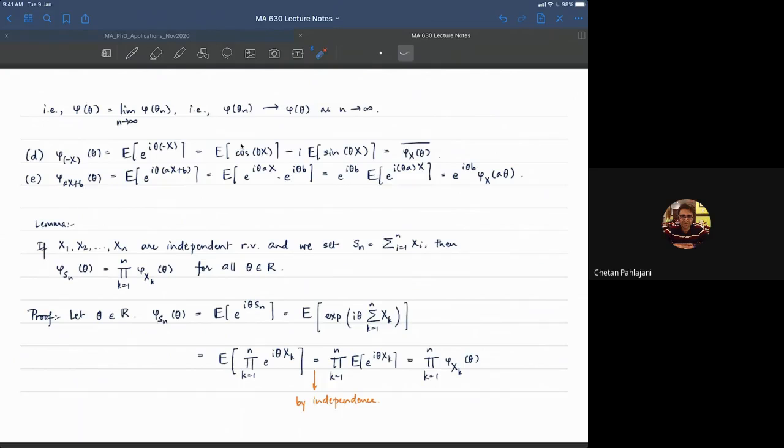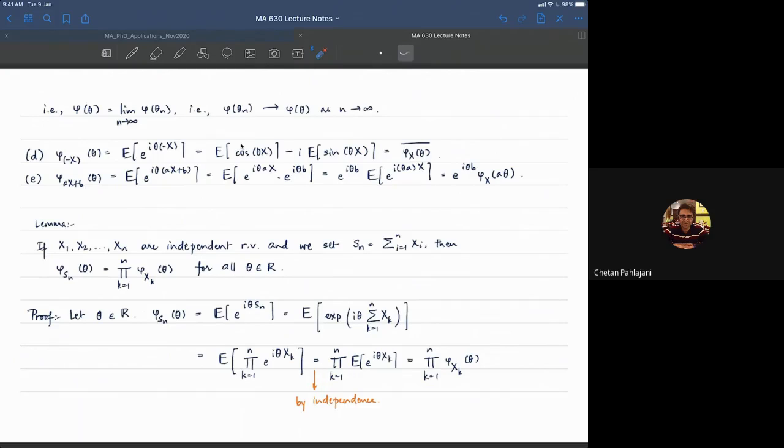You look at a situation where you have x1, x2, dot, dot, dot, which are all independent and identically distributed. Later on, once you become a master of this basic central limit theorem, you may try to extend it to more general cases where the random variables may fail to be independent. But when you start from the basics, you start with independent random variables.